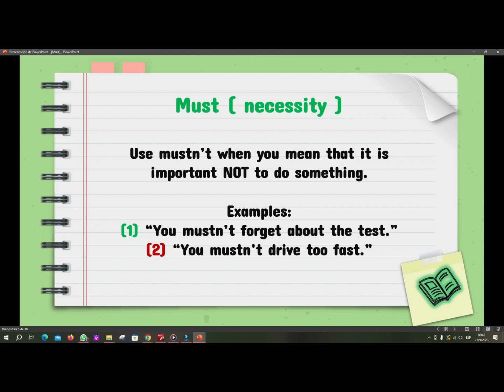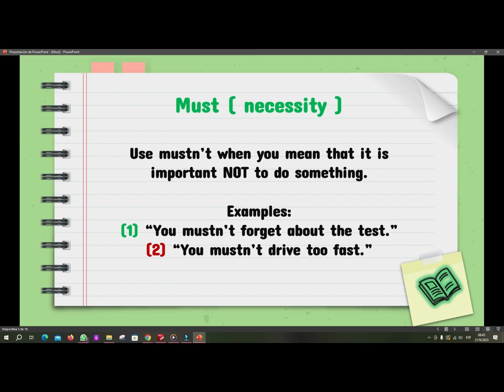También podemos utilizar la forma negativa de must, not, ¿verdad? O mustn't, cuando algo es importante o cuando algo es necesario que ustedes no lo realicen, ¿verdad? Porque no está correcto, porque no deben de hacerlo. For example, you mustn't forget about the test.